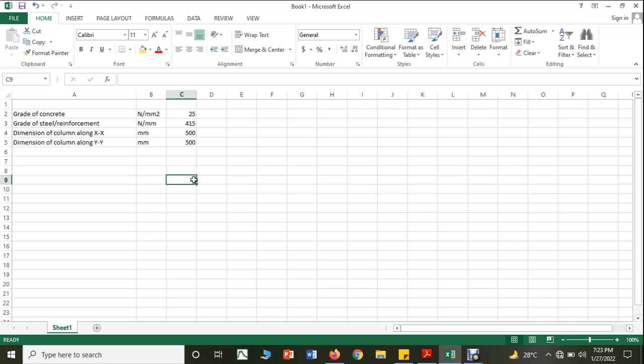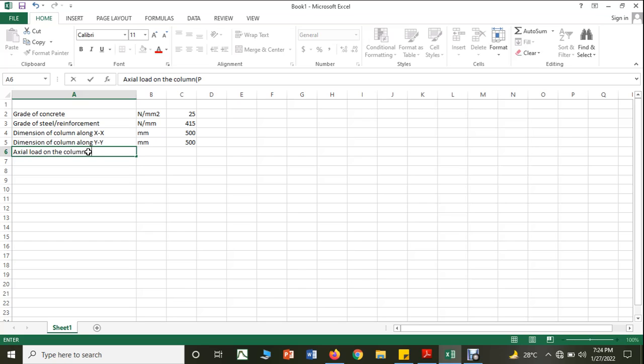Now let us take the axial load on the column, which I can give as Pu, in kilonewton, and let us give that as 2000.